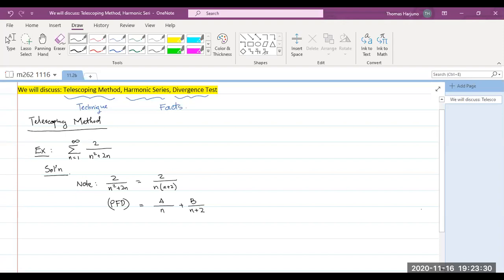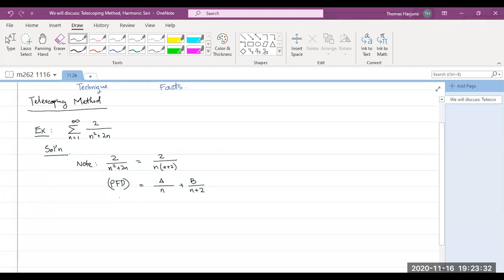So you do partial fraction decomposition. Fast forward, you will see that 2 over n squared plus 2n is equal to 1 over n minus 1 over n plus 2. Okay, I just do it fast forward.